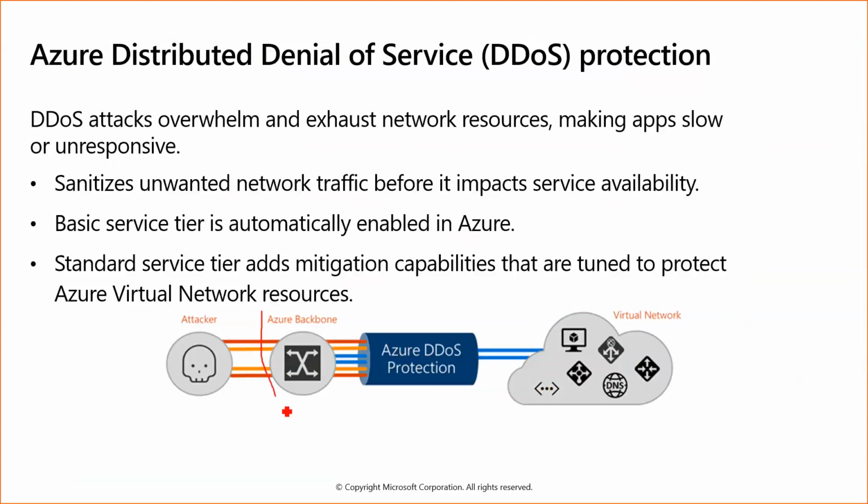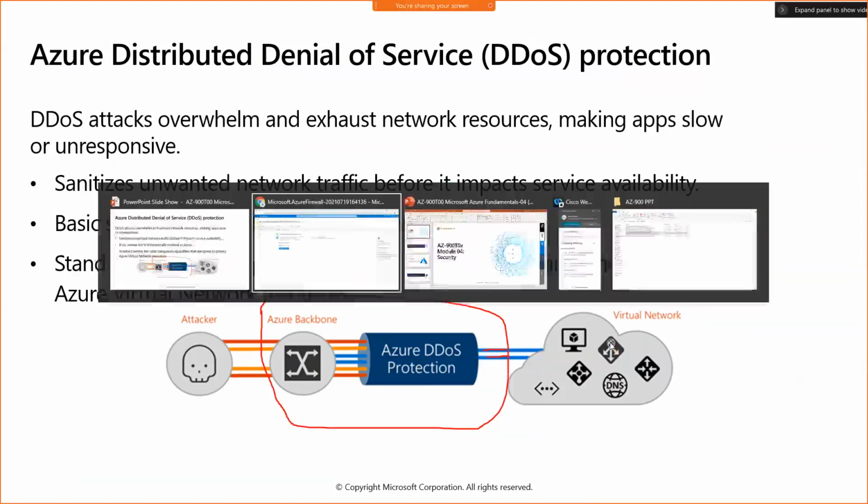This Azure DDoS protection layer will only let through requests that are genuine, so it will filter all the unwanted requests and let the genuine ones pass to access your network resources.